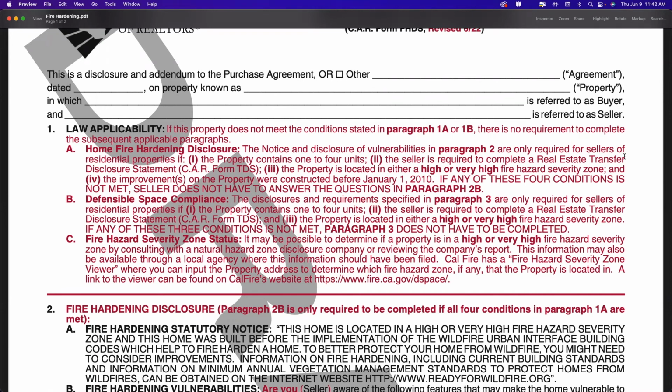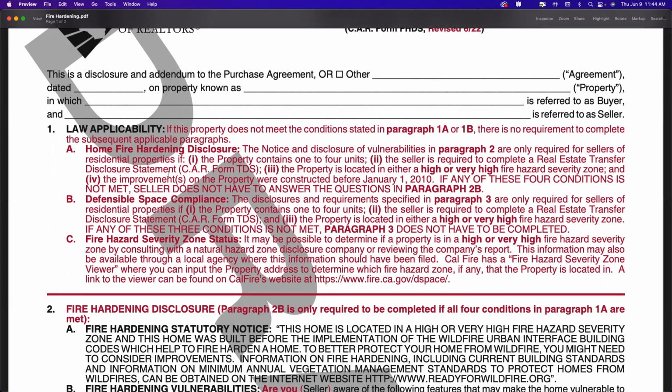Number 2, in your NHD report, it said that the property is in a high or very high fire zone, okay? And it is a residential property that's 1 to 4 units, right? So if it's 5 units, you don't need to do it. So there's 3. And the 4th one is, hold on, properties located at, where'd it go?